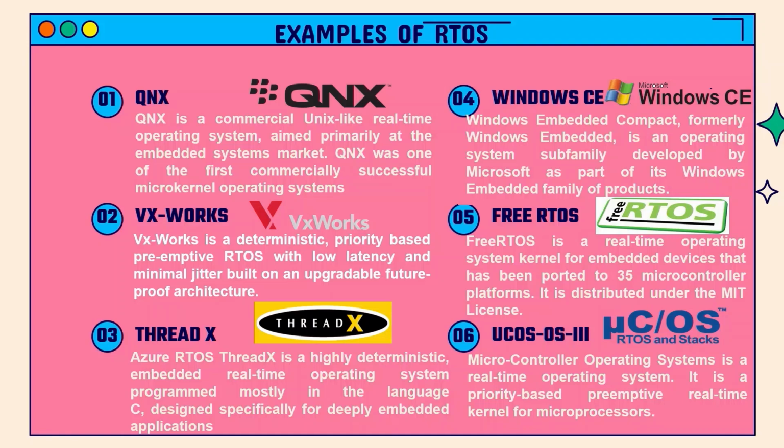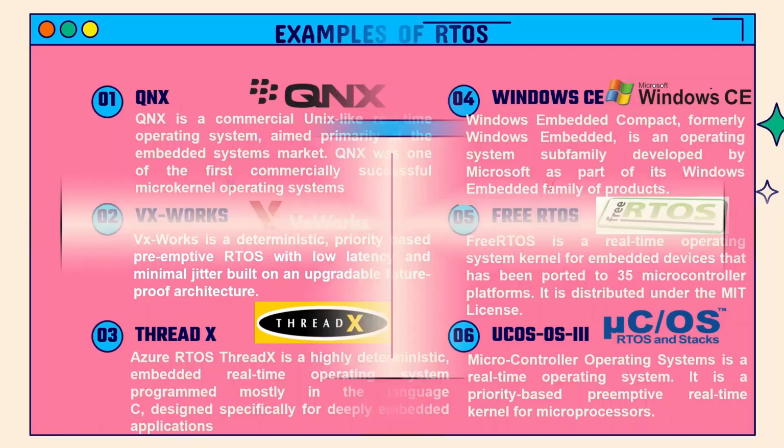FreeRTOS is a real-time operating system kernel for embedded devices that has been ported to 35 microcontroller platforms. It is distributed under the MIT license. Most robotic applications come under FreeRTOS usage. MicroC/OS is a real-time operating system. It is a priority-based preemptive real-time kernel for microprocessors.